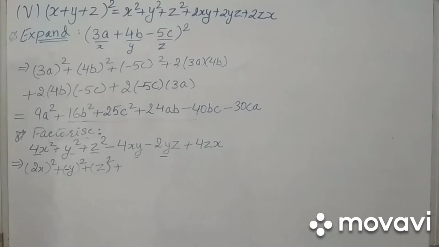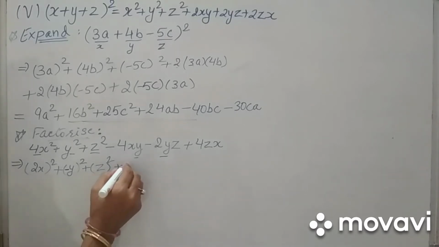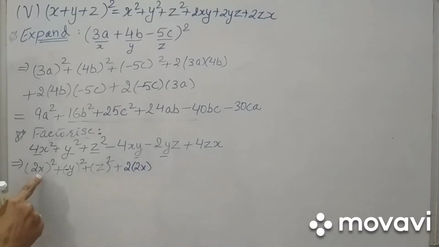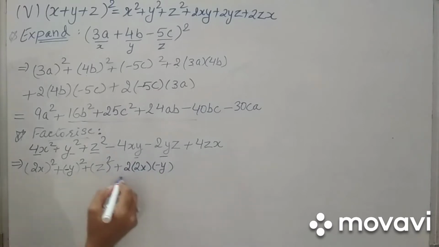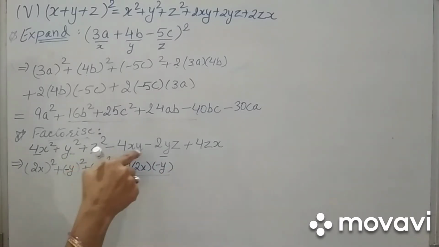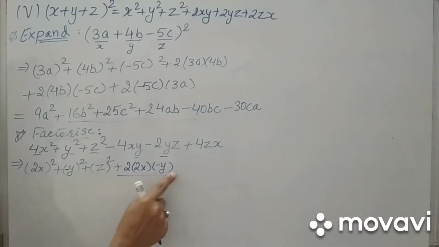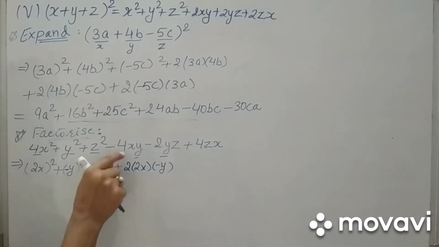Understood, students? That is how to decide which term is the negative one. Now, plus only I will write it: 2 into first a means 2x. Now b means my minus y. So ultimately the solution of this term is 2 times 2 is 4xy with one minus sign, so minus 4xy I got. So this is known as the factors of negative 4xy.